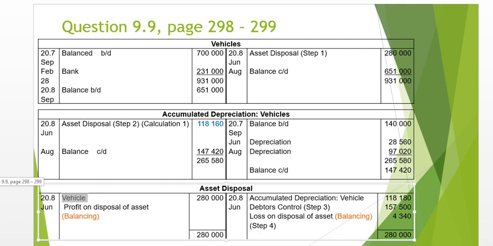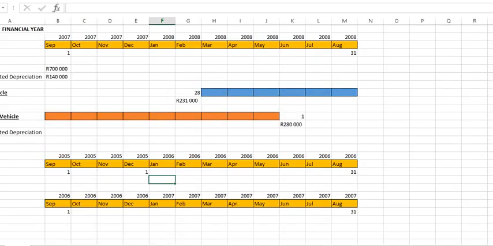Step 2 is now broken up into two parts. Firstly, we need to record the depreciation for the year, and then we need to take out the total accumulated depreciation. If we look at our vehicles, we know that at the beginning of the year, this vehicle had a cost price of 280,000 Rand.